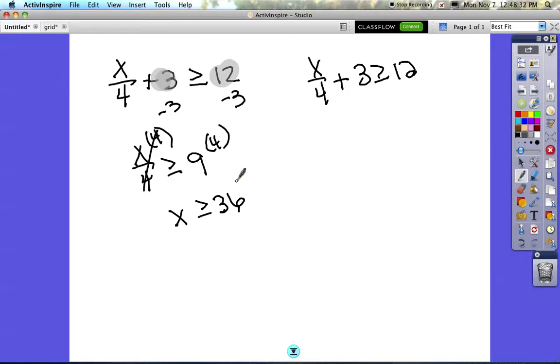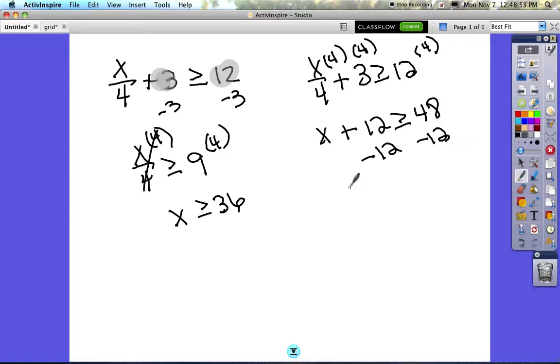That's not a rule. When you multiply everything, if you wanted to multiply by 4 here, you would multiply by 4 to every single term. And then you would subtract and move this over.